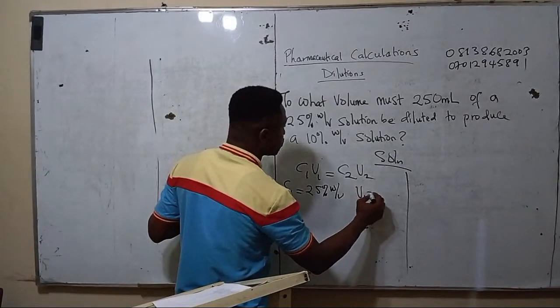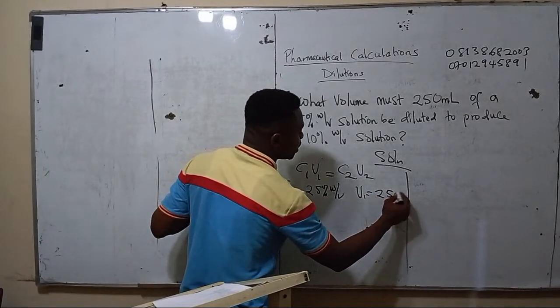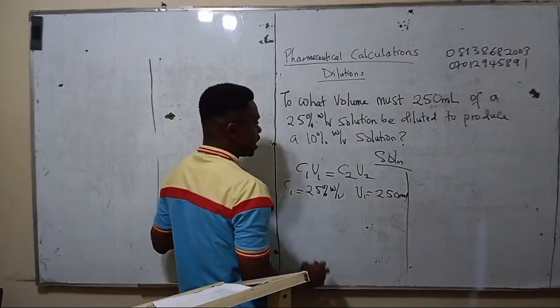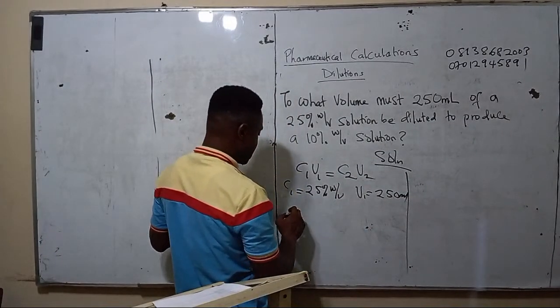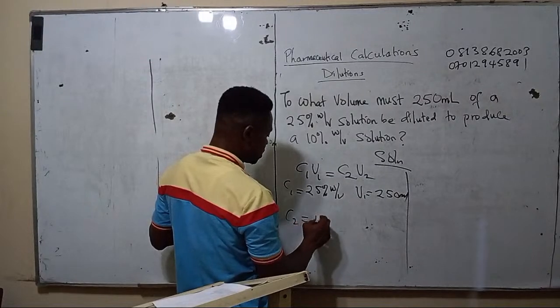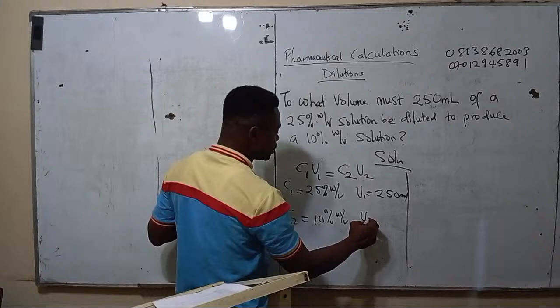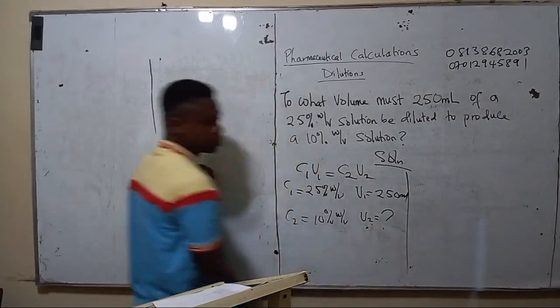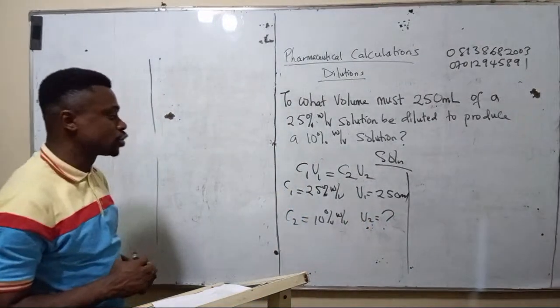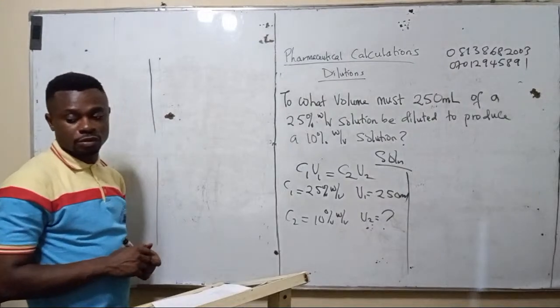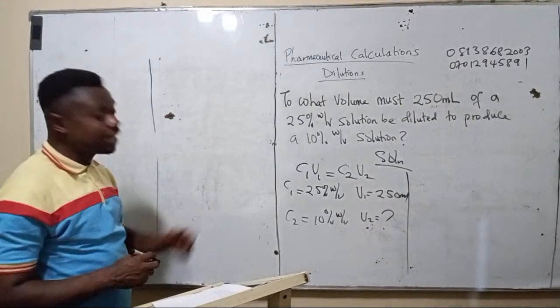Our V1 is 250 ml. Then our C2 is 10% weight in volume. Our V2 is what we're looking for. We don't know.